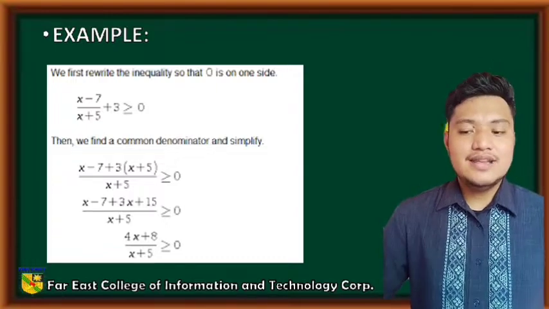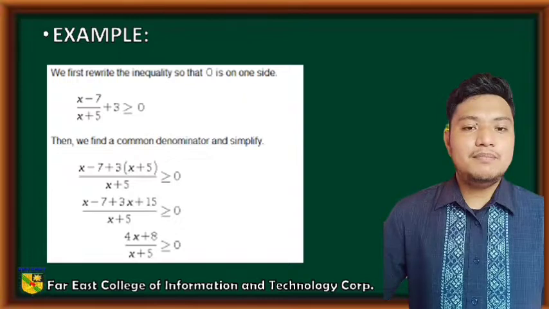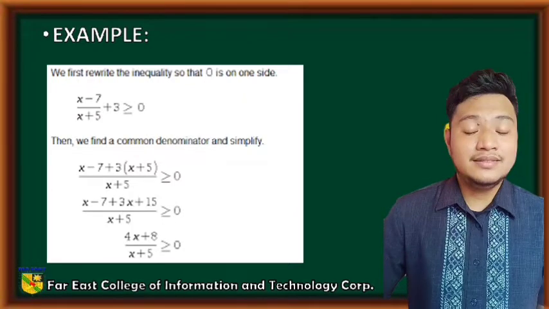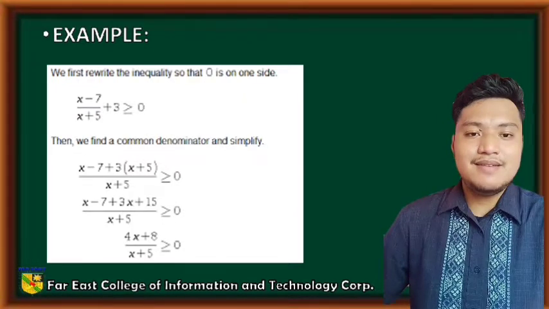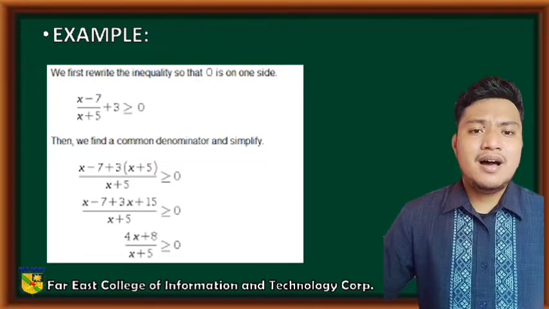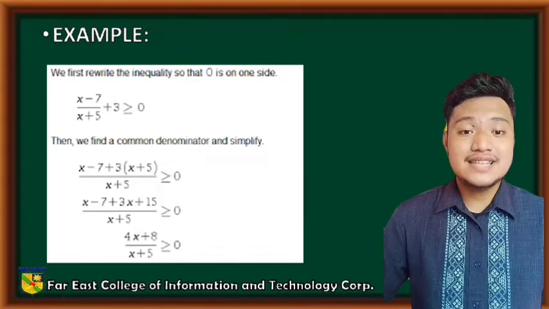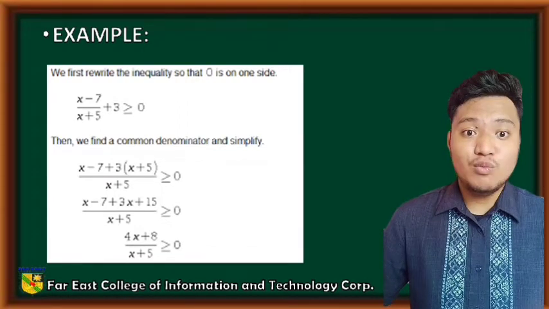And then, combine the like terms. So, the like terms there are x and 3x, negative 7 and 15. So, x plus 3x is 4x, since the x is invisibly 1x.